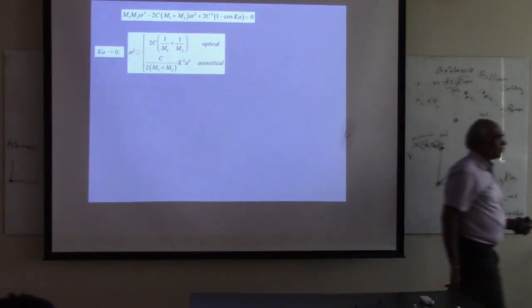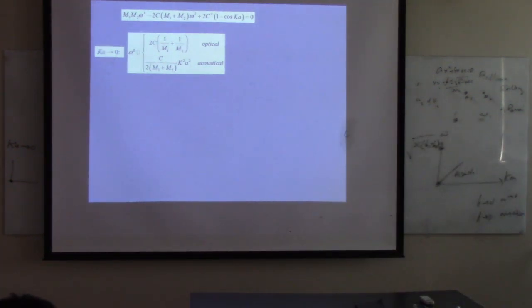Exactly. Okay, so now if you take the other limit, what is the other limit? K goes to pi over a, right? Because if you remember your Brillouin zone, when K equals pi over a and minus pi over a, this means Ka equals actually pi.